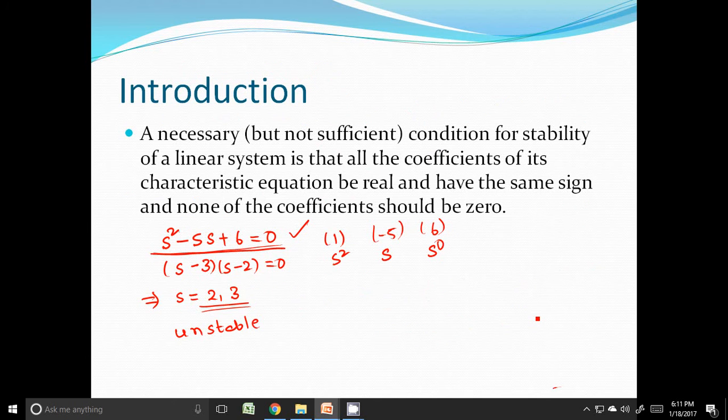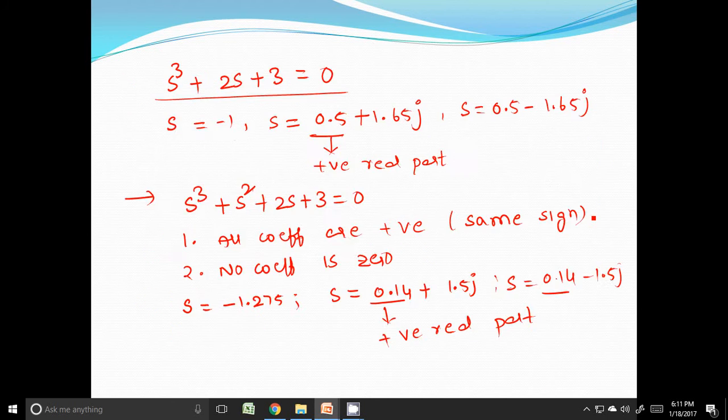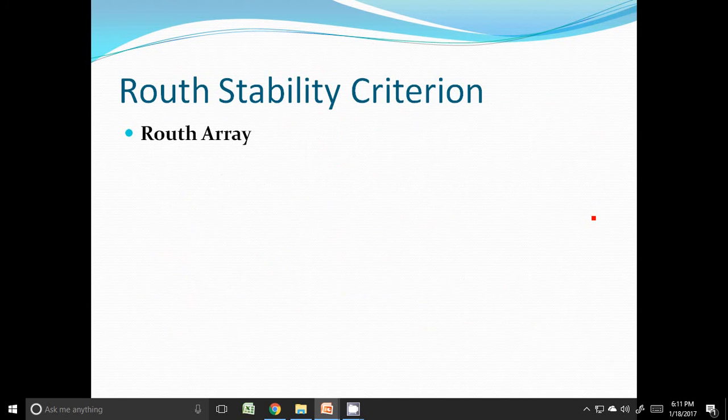So this condition is only a necessary condition but not a sufficient condition. So we will go for the Routh stability criteria, which gives both necessary and sufficient conditions to comment on the stability of any system. Before studying the Routh stability criteria, we will study the Routh array.